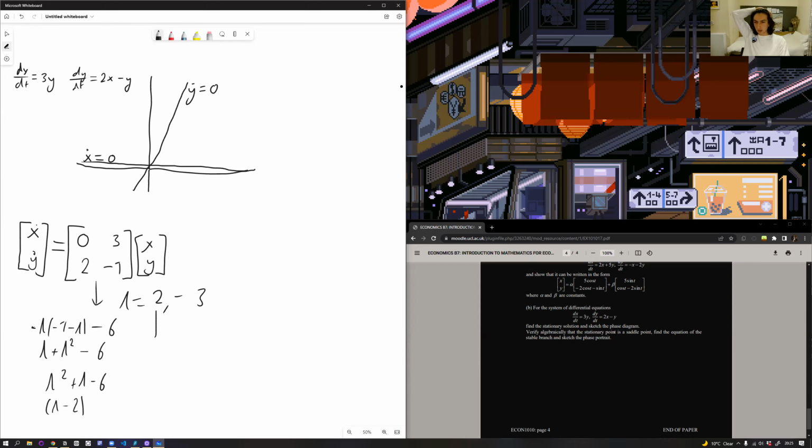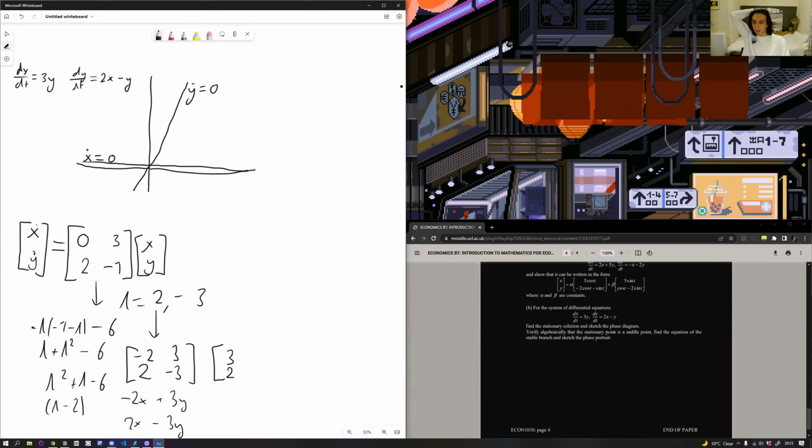For 2, you get negative 2, 3, 2, negative 3, which is negative 2x plus 3y and 2x minus 3y. So the eigenvector there is just 3, 2.